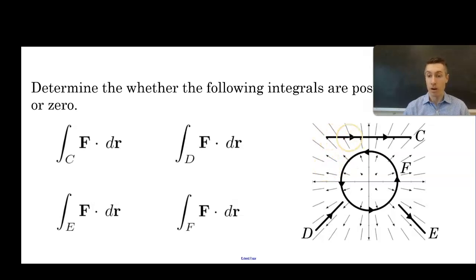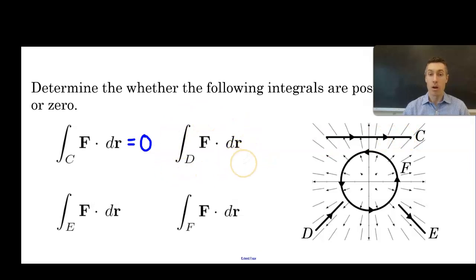So if we move along curve C in this vector field, what you'll notice on the first half, the vectors kind of push against the object, but then once it moves into the second half, the vectors are pushing with the object. And it seems, just visually, to be the same amount against as it is the same amount with. So if we accumulate work over the whole curve, it looks like it's going to sum to be zero. Right? Negative work on the first half, positive work on the second.